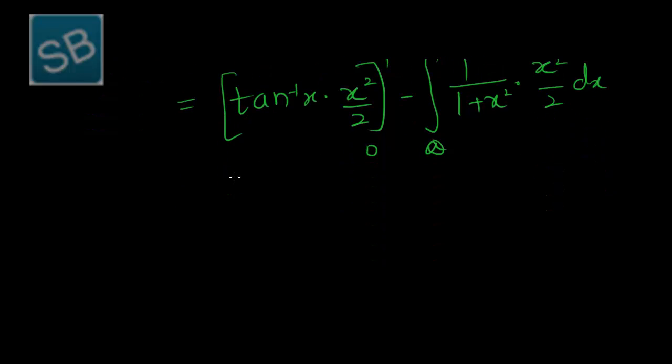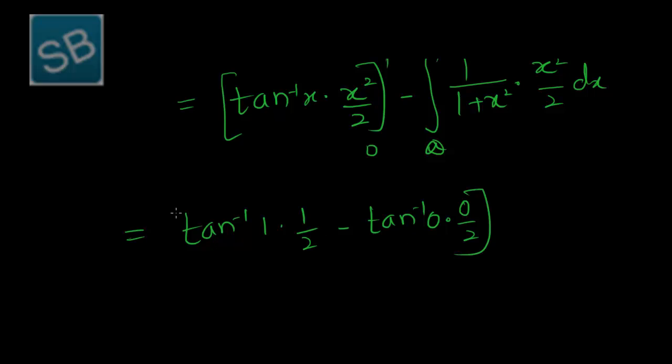So we will put limit in the first part, that is 1 and 0. So it becomes tan inverse 1 into 1 by 2 minus tan inverse 0 into 0 by 2, minus 1 by 2 as it is, and in the integration, that is 0 to 1, x square over 1 plus x square dx.